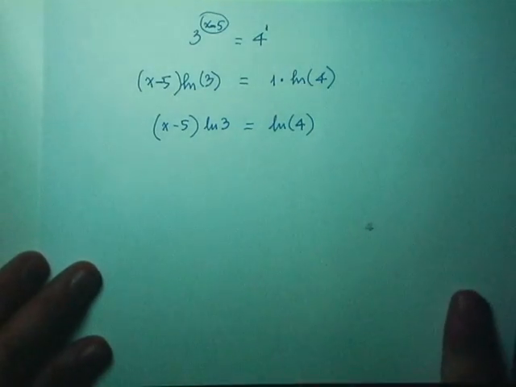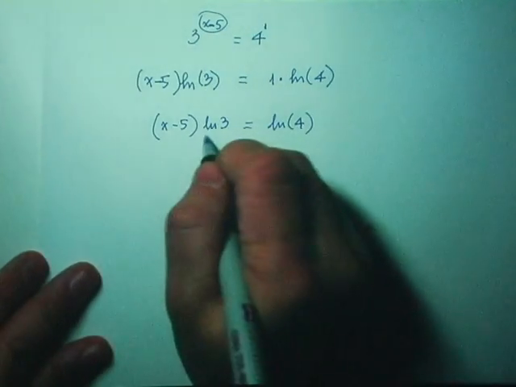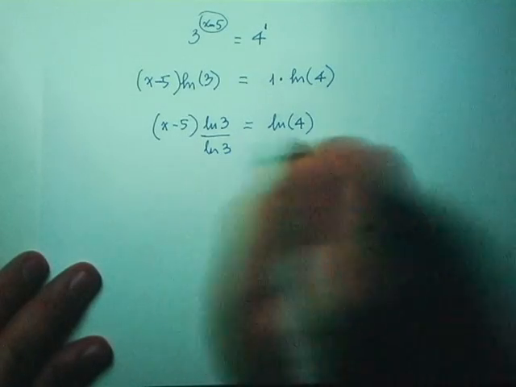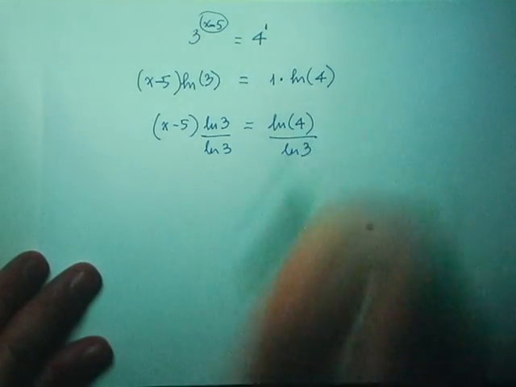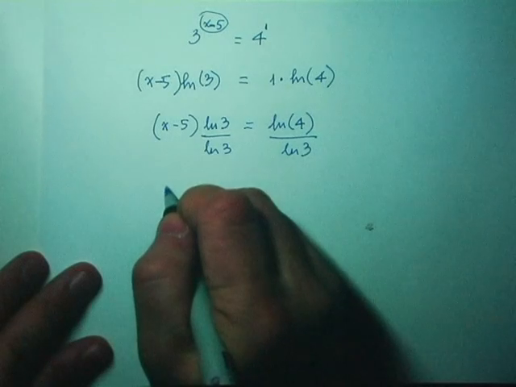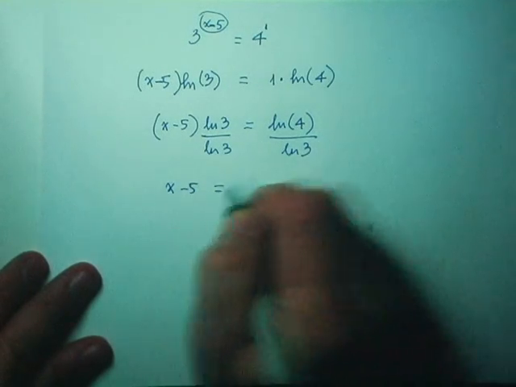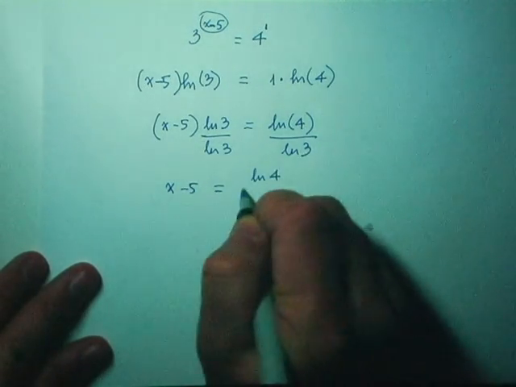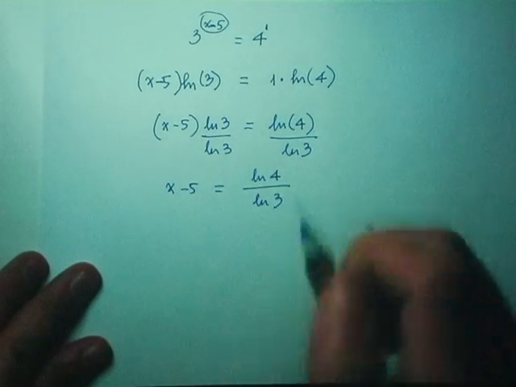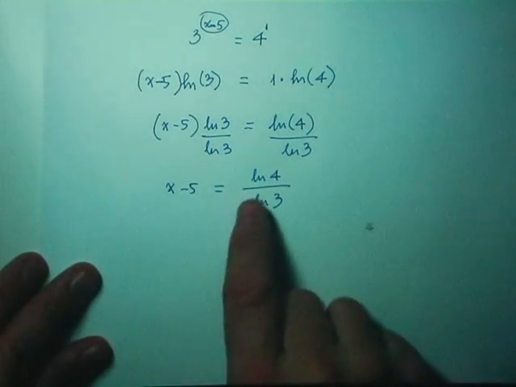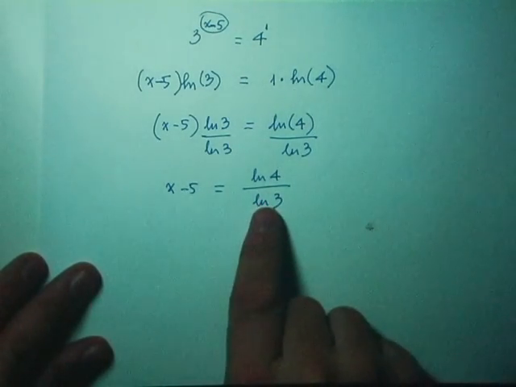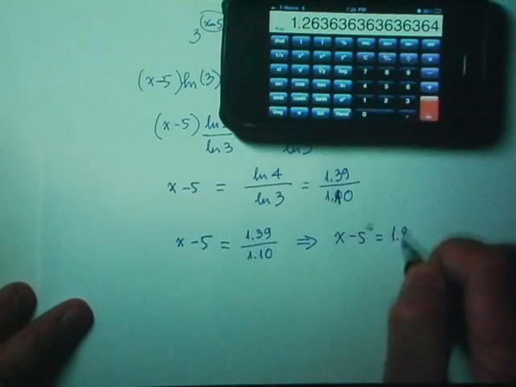So I can simply, legally, divide both sides by natural log of 3. That gives me x minus 5 equals natural log of 4 divided by natural log of 3. We cannot do this expression mentally, but the calculator can help us here: 1.26.